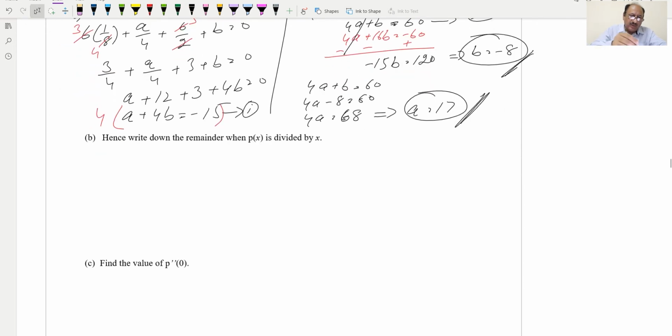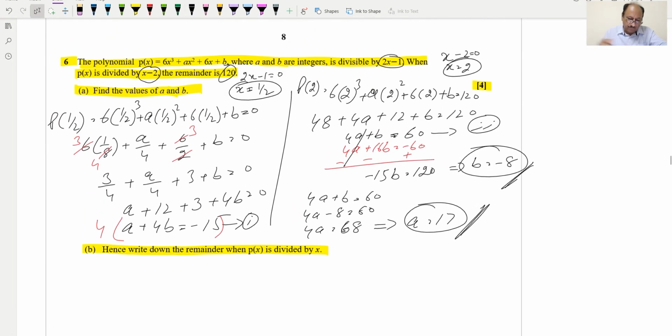This is done. And b part, they're saying hence write down the remainder when p of x is divided by x. One option: after replacing a and b values, our p of x will be equal to 6x cube plus a is 17, so 17x square, plus 6x, and b value is minus 8.